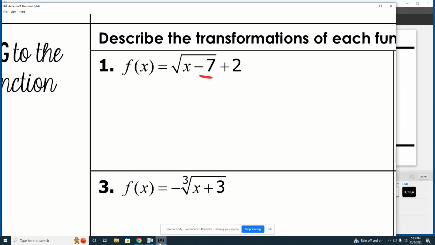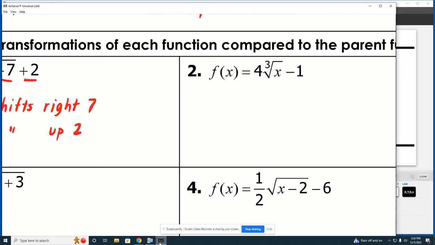If it looks like a negative 7, it's actually a positive 7 horizontal shift. So it shifts right 7. Okay? Next, we've got this plus 2 outside. That's vertical shift. And it is what it is. So it also shifts up 2. See? Real simple.